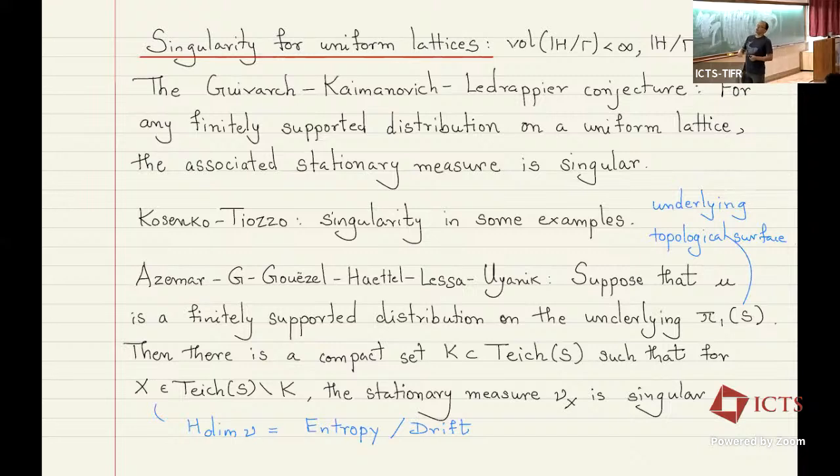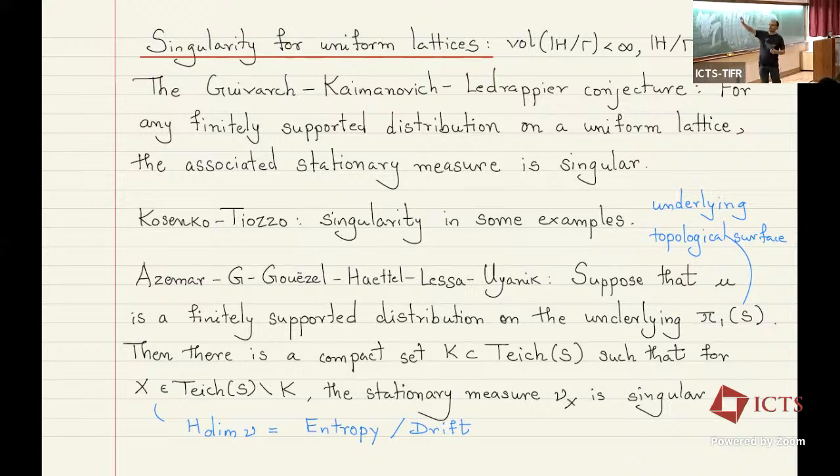Okay, now you had this very nice crutch, which is the parabolic subgroups. What happens when you take uniform lattices? And the answer is that we know very little about uniform lattices. There is a conjecture from the 90s that for any finitely supported distribution on a uniform lattice, the associated stationary measure on the circle is singular.